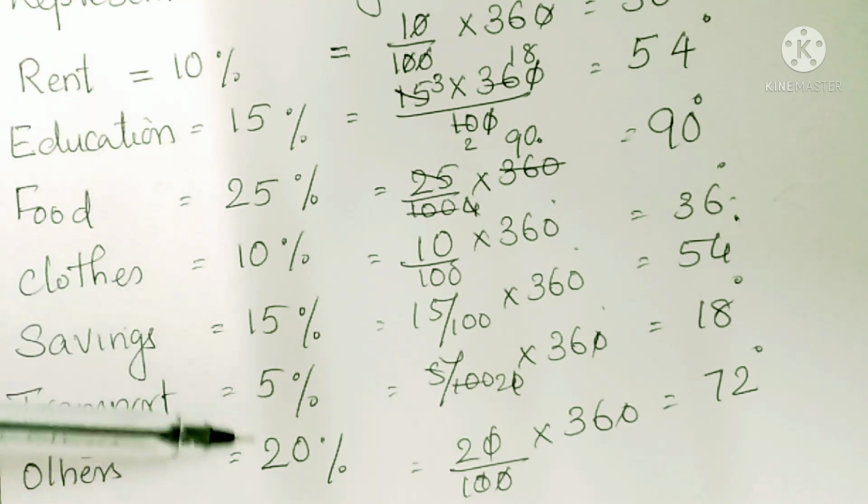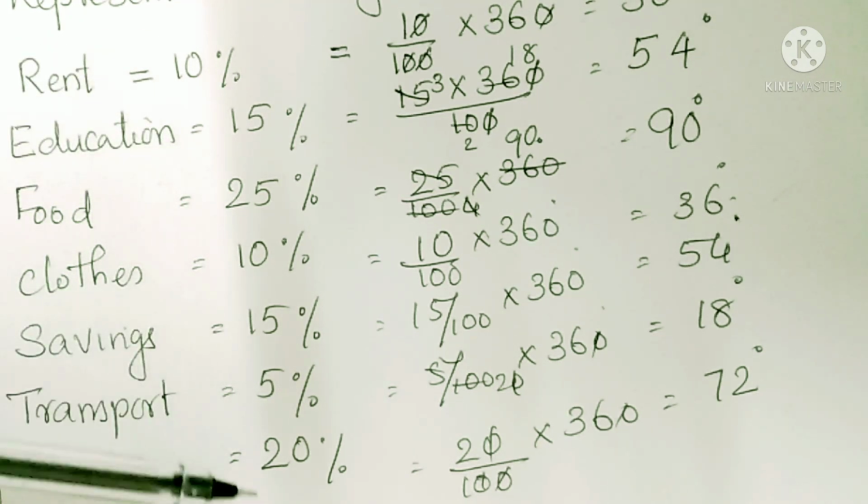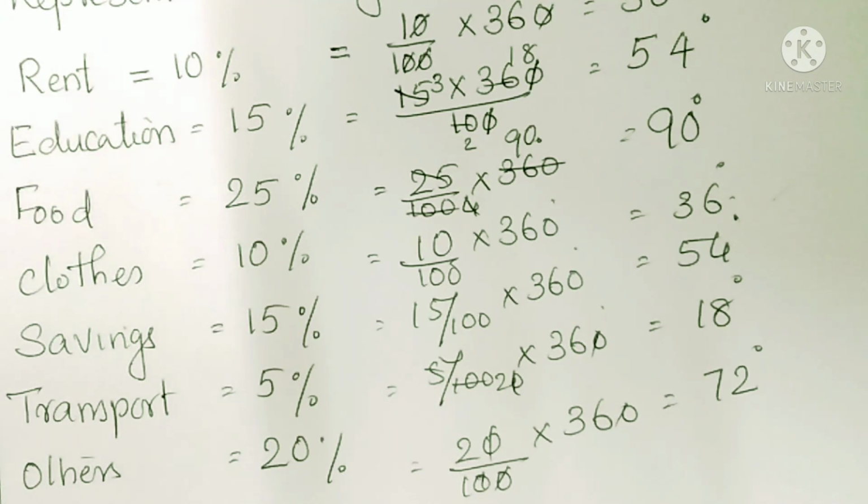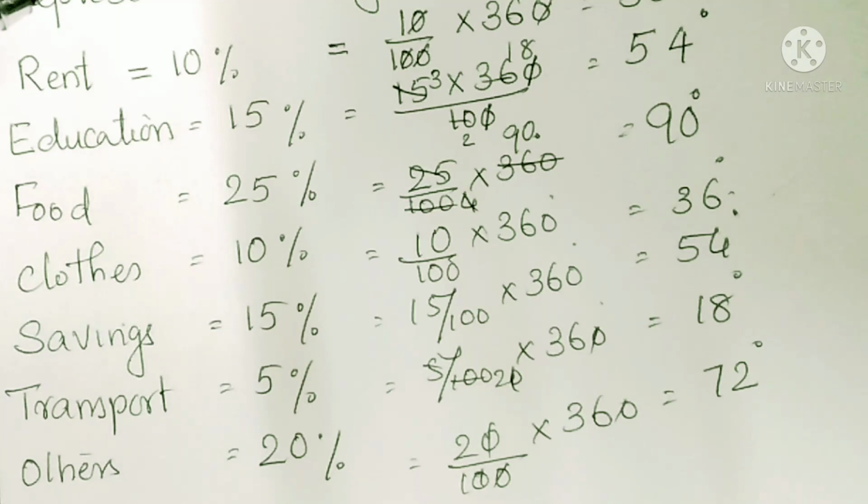The complete information is given in percent, and the amount they spend depends upon their income. If it is 50,000, it is 10%. If it is 1 lakh, its 10% will be spent on rent.